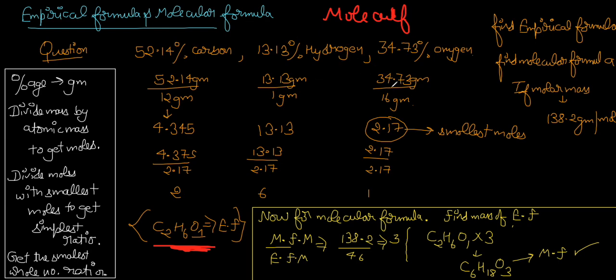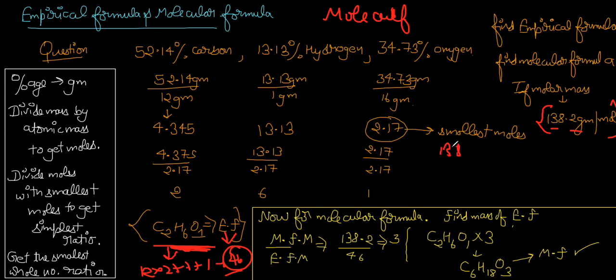So for molecular formula, you will need the molar mass, which is given as well. In this question, it is 138.2 grams per mole. Now, have a look at this. What you need to do is just simply understand this. Empirical formula mass, if you calculate, it will be 12 times 2 plus 6 plus 1, which is coming out to be 46 grams. Now see, empirical formula mass is 46, molecular mass is 138.2.